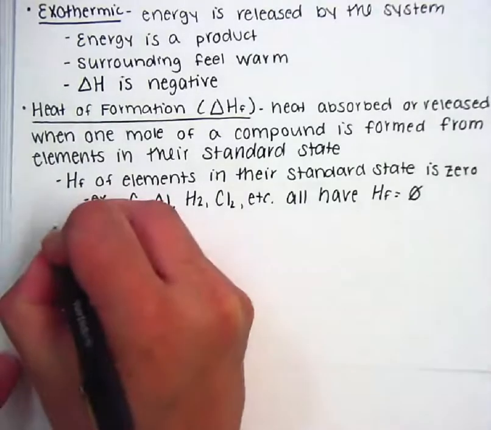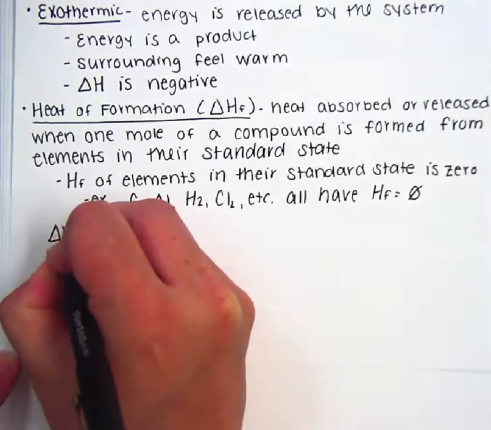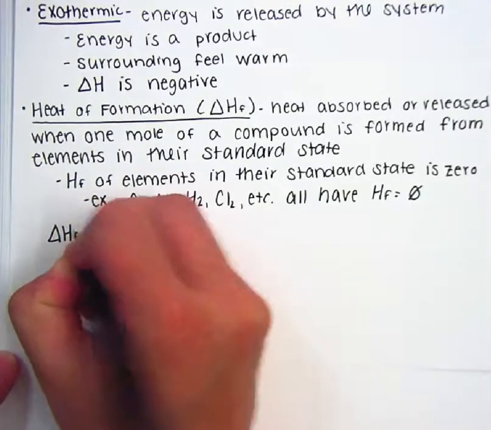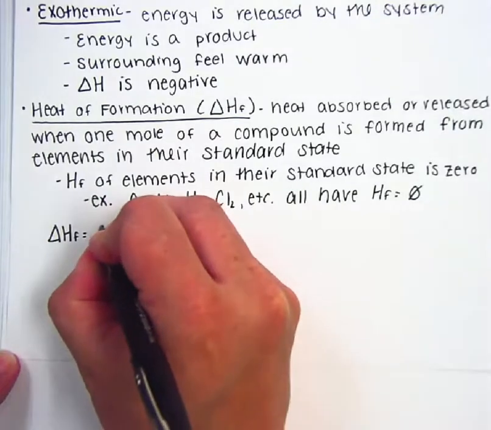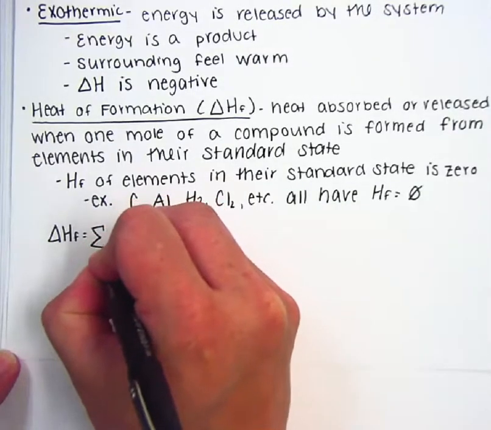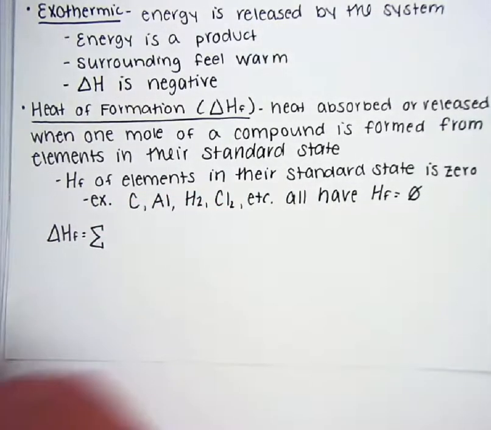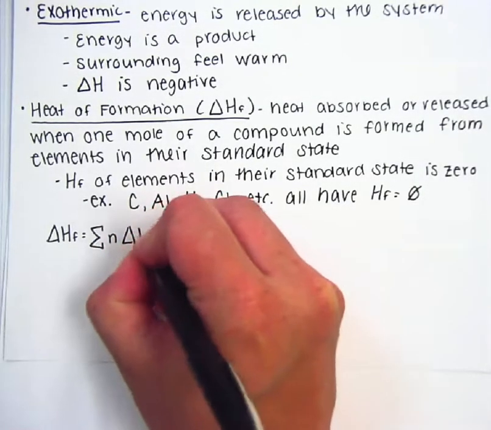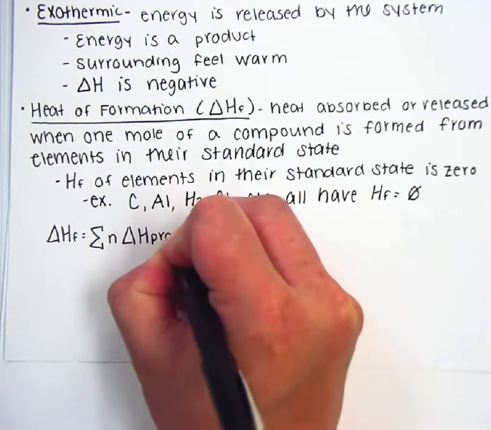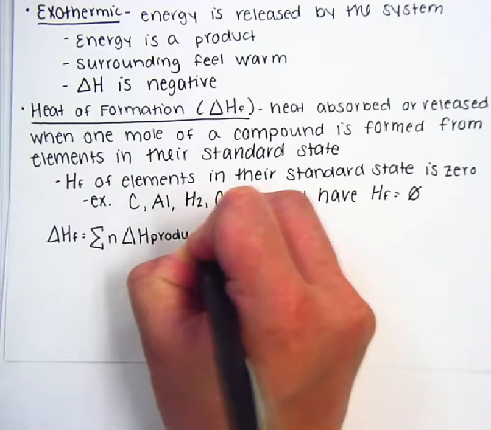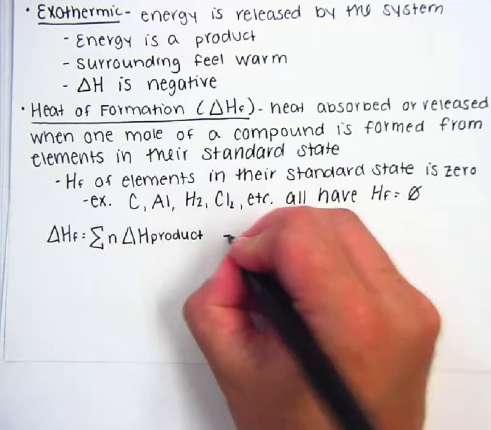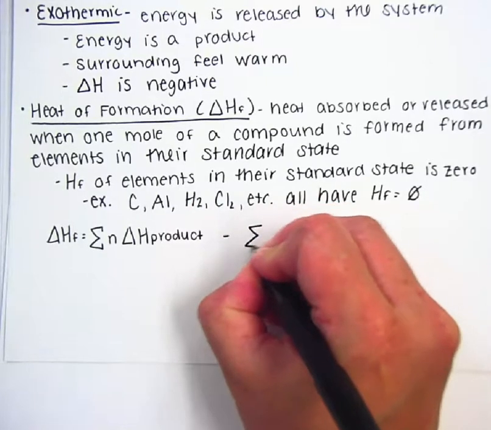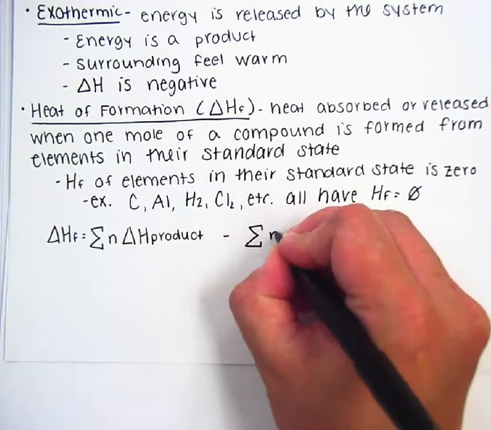So how do we calculate heat of formation? The equation. This is the Greek letter sigma, the funky looking E, and it means the sum of. We are going to take products minus reactants.